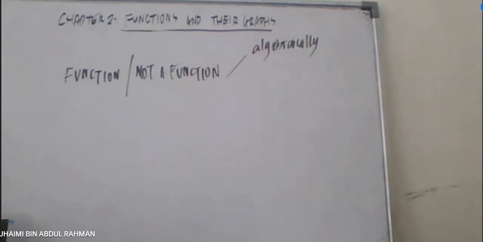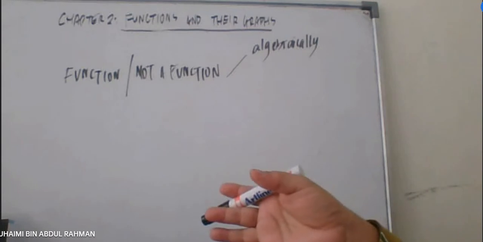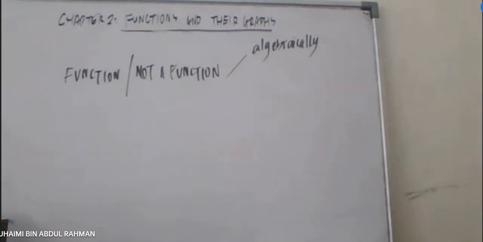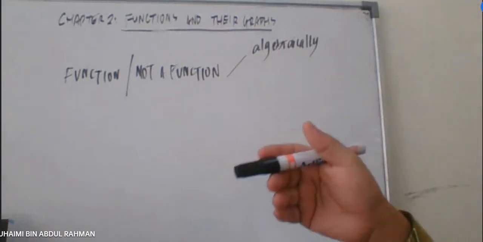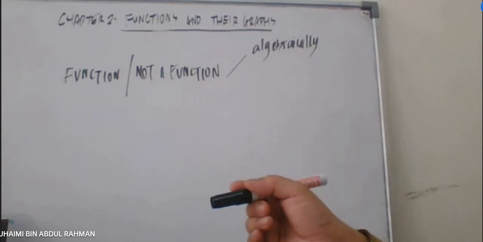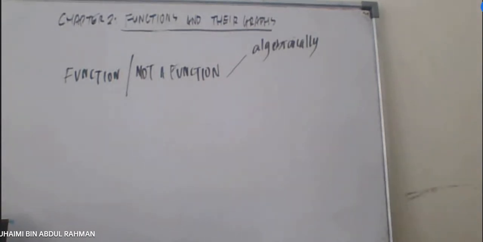So for the algebraic test, as I showed before, we substitute one value of x, you will get one value for y. Or you see whether it is a relation of one to one or many to one. One value for x goes to exactly one value of elements in set B. That's the algebraic method of testing whether an expression is a function.